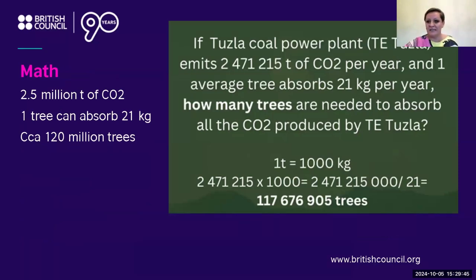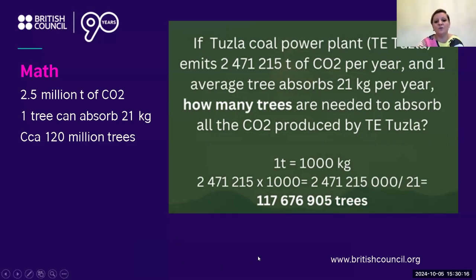Also, my friend and colleague Mercida helped us calculate the number of trees needed to absorb CO2, which is produced by this coal burning power plant. So students first had to find out that this plant produces 2.5 million tons of CO2 in 1 year, and one tree can absorb just 21 kilos.